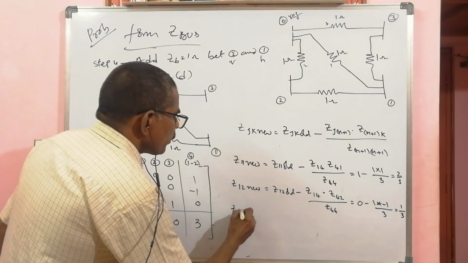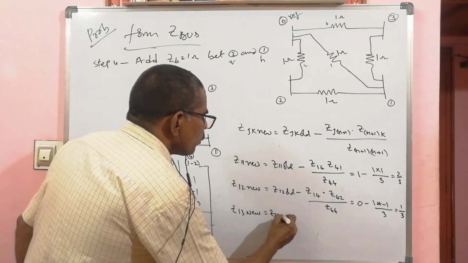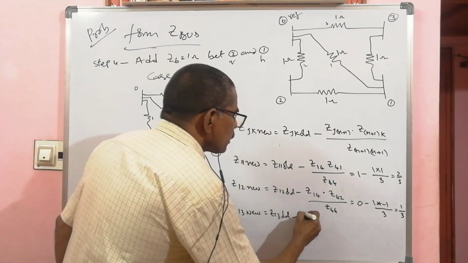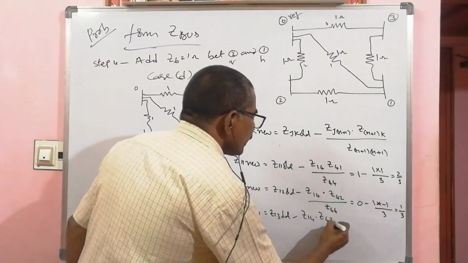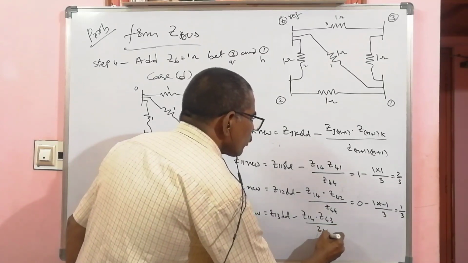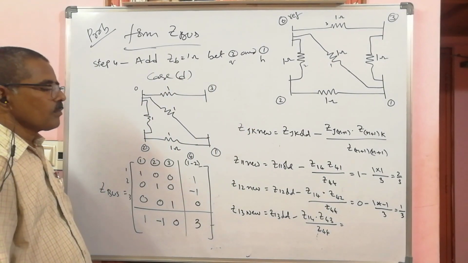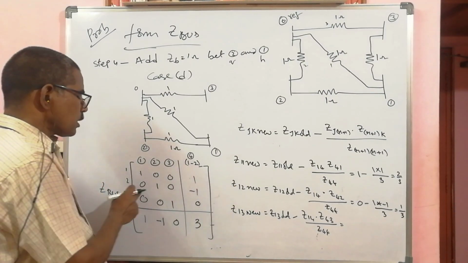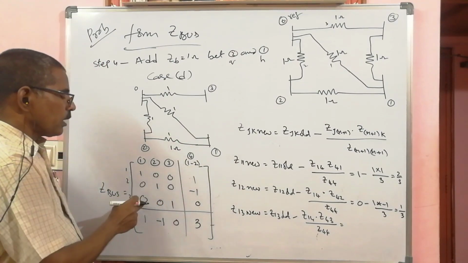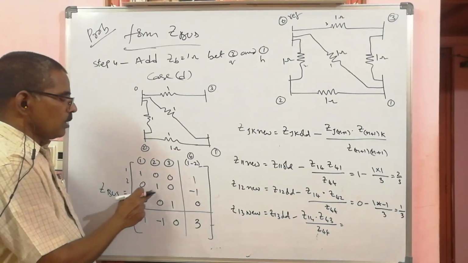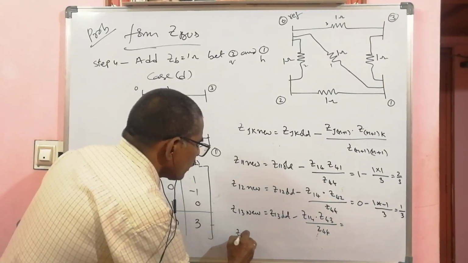Similarly, somebody can tell me what is Z13 new. Z13 new is Z13 old minus Z14, Z43 by Z44. You can substitute that. So once Z12 is there, Z21 is the same. Z13 is there, so Z31 is the same. You need to calculate only Z22. What is Z22 new?